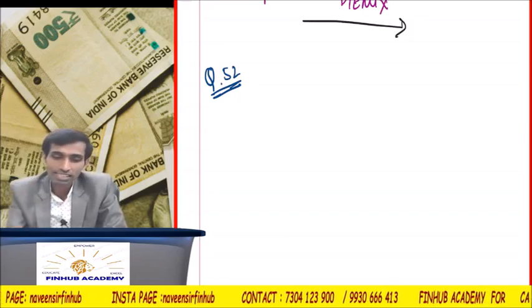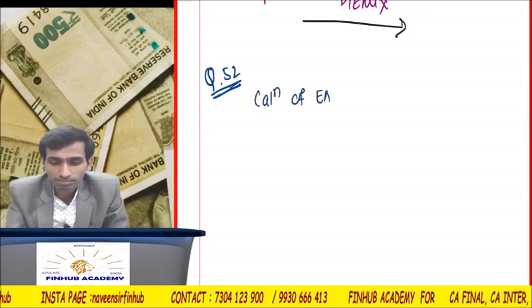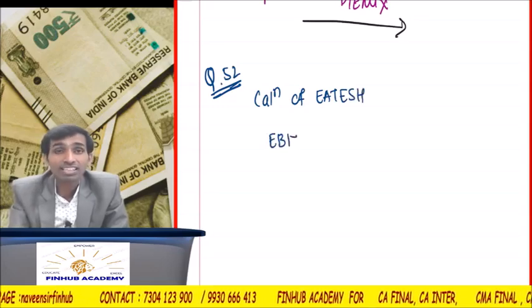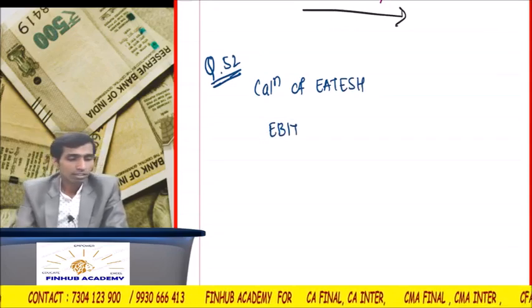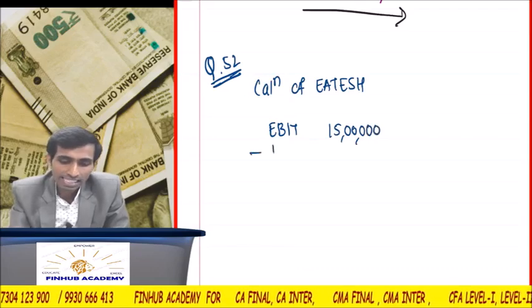Now the calculation of PAT for equity. EBIT is how much? This is the general calculation which we did in the last sum also. EBIT is 15 lakhs. Minus interest.